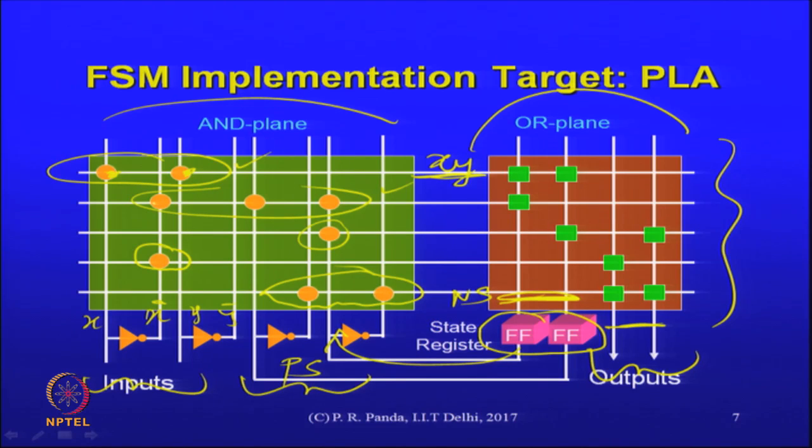Similarly, I selected all these 3 here for the next row. So, that would refer to x prime, y is not there, and if these present state lines you call them whatever a and b, then a is there and b is there.